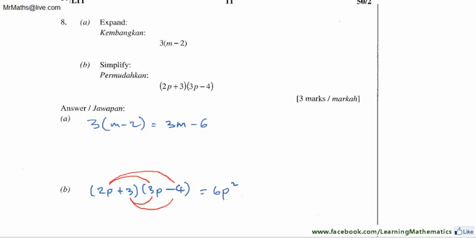Then 2p multiply with minus 4 becomes minus 8p, and then 3 and 3p become plus 9p, and then 3 multiply with minus 4 becomes minus 12. Then this is 6p squared minus 8p plus 9p, which becomes plus p, minus 12. So this is the answer.